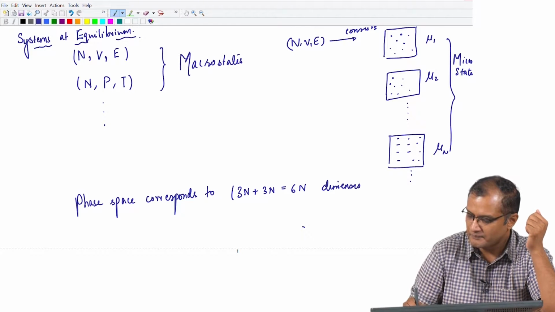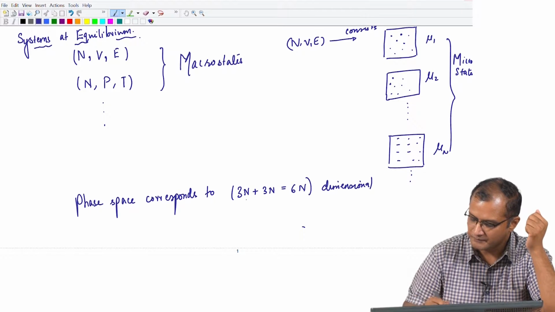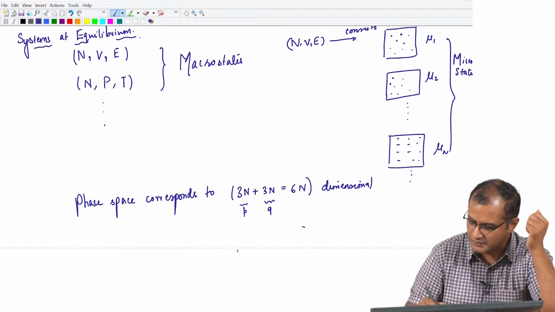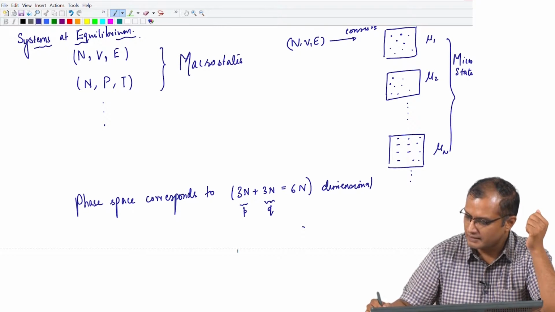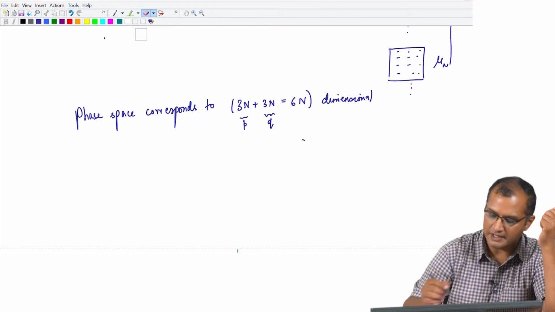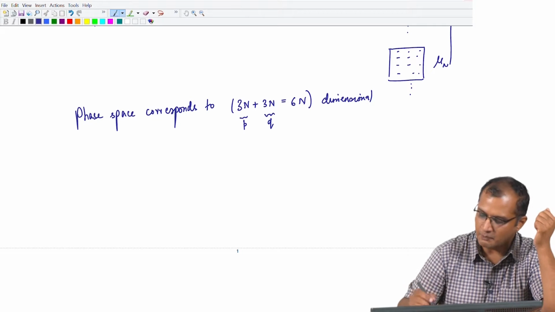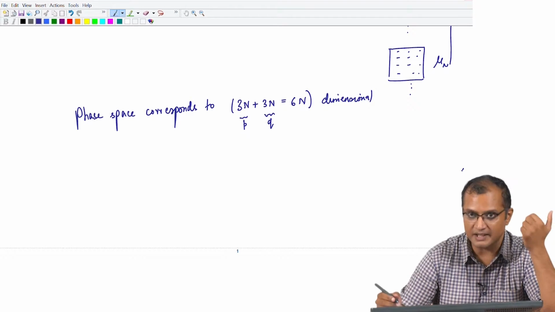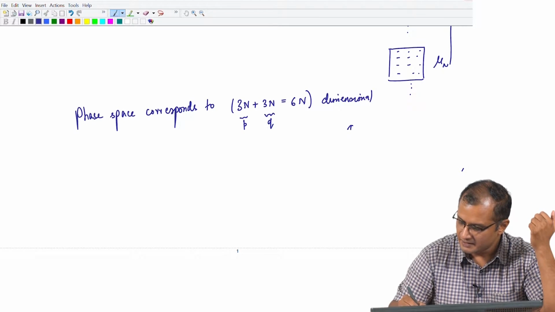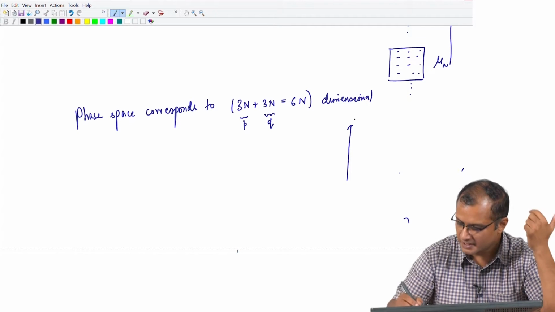Okay. This is coming from momentum and this is coming from position, and in this phase space I can represent a microstate by a single point. So, each of these mu i's that I have specified can be represented as a single point in the 6N dimensional space.